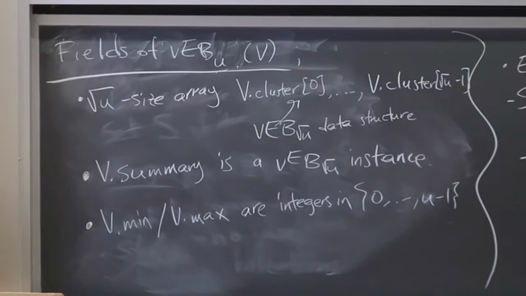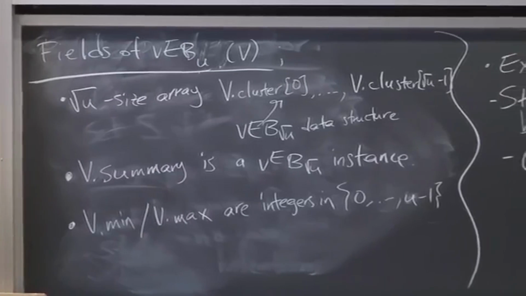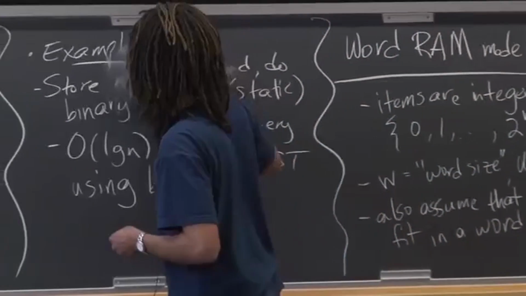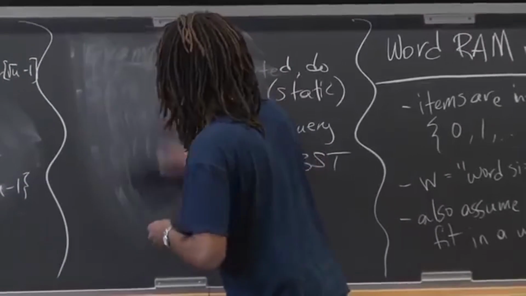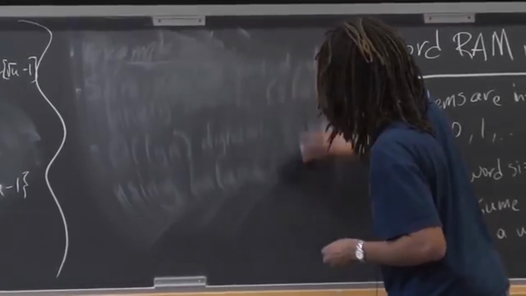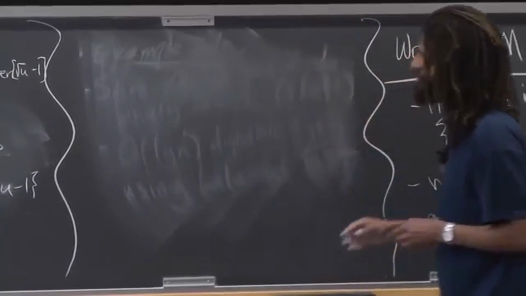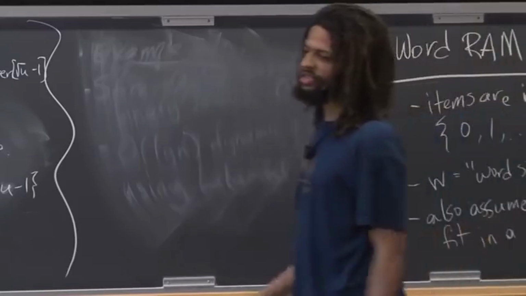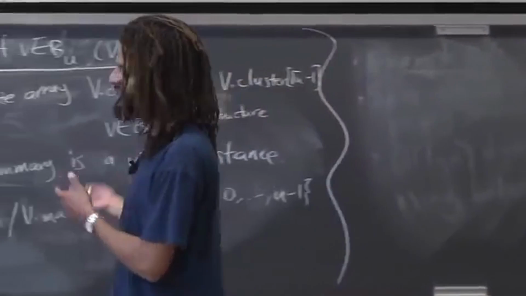Okay. Any questions? I haven't actually told you how you insert into this data structure. This will be a dynamic data structure. So I haven't told you how you query, and I haven't told you how you insert. So let's see that. Say we have an item that we want to have living in this data structure.